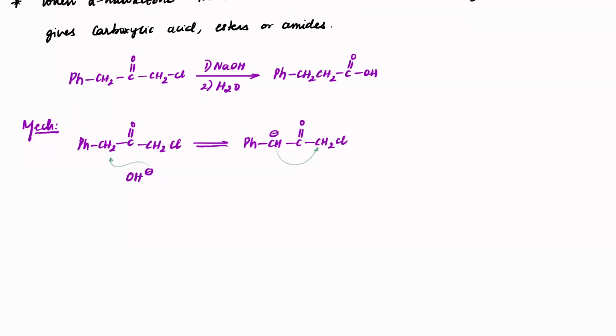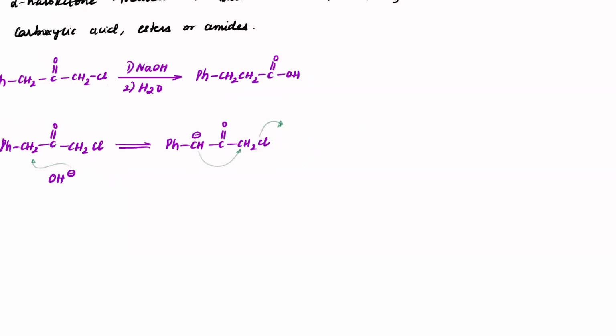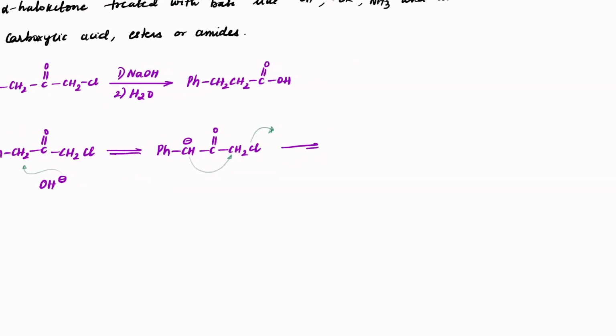Internally, as a nucleophile, an SN2 type of reaction would happen, an intramolecular SN2 type of reaction. Now, notice we will get a 3-membered ring with a ketone here, and this has a phenyl group here. This is the intermediate which has been formed.